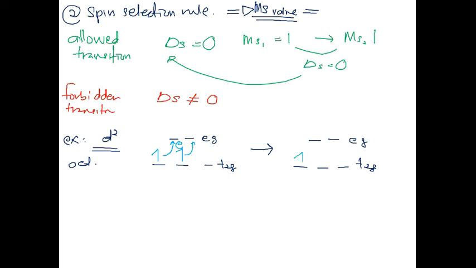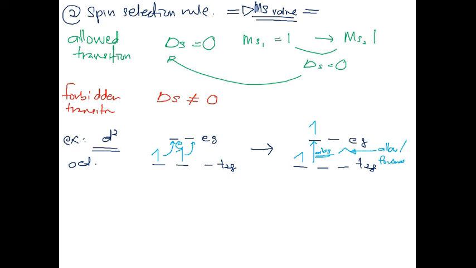So it will excite one. We want to see whether, when it excites, it means it has absorbance. So you will see peaks in your UV-vis spectrum. We want to see whether this peak in the UV-vis spectrum is an allowed or a forbidden peak. So how do we know? We look at the selection rules, the spin selection rules.